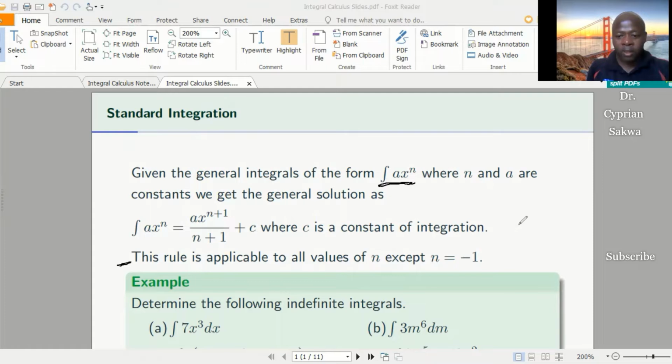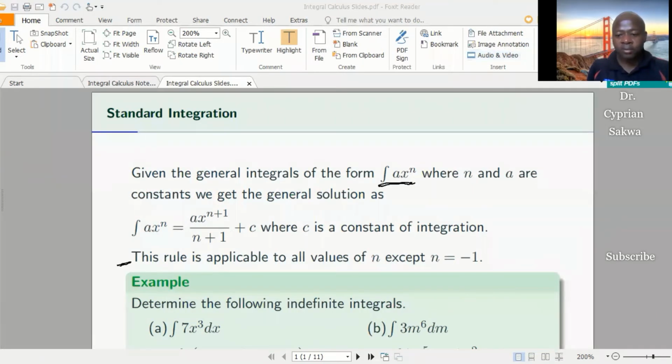So what I'm saying is, we are not using this rule to do integration where n is -1. When n is -1, we'll come up with another rule for doing that. So let's just look at a few examples.